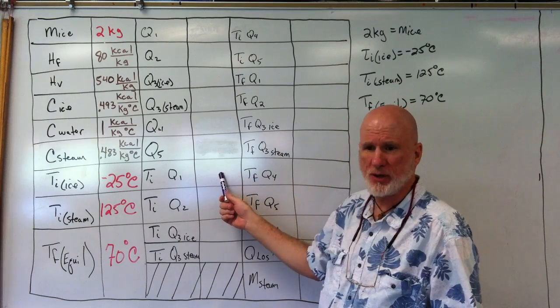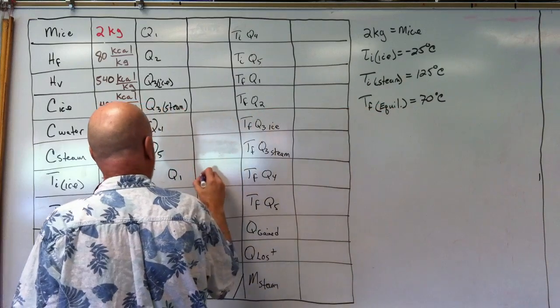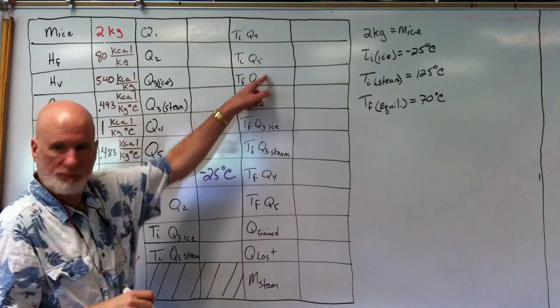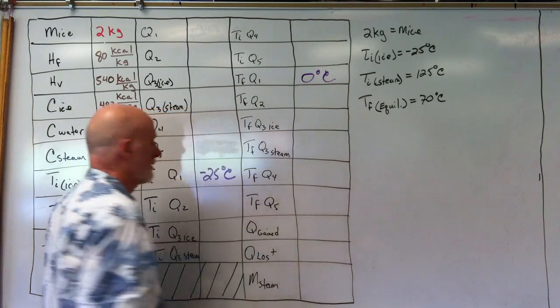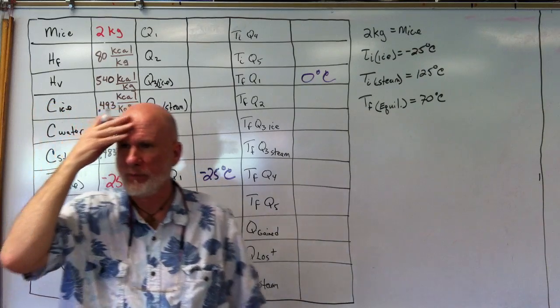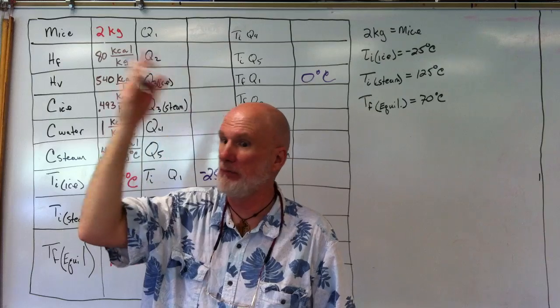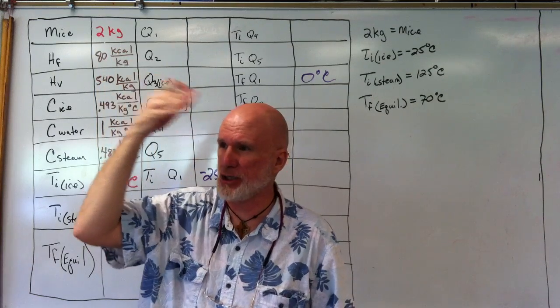But what's the initial temperature of Q1? Negative 25, right? Final temperature? 0. All right? Q2 is going to go from 0 solid to 0 liquid. Final temperature, initial temperature.